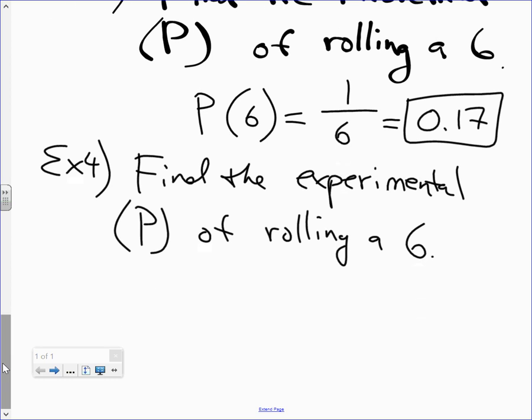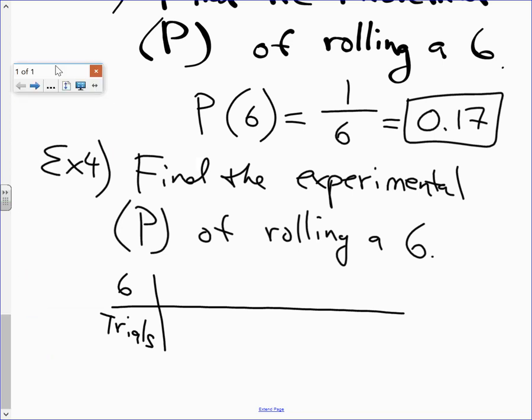Here's what I'm going to do. I'm going to roll it 10 times. I'm going to make a table. Make a table with me. Put a 6 and then put trials. I'm going to figure out how many times I get a 6 out of 10 trials.